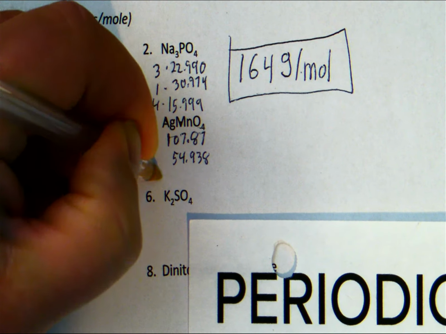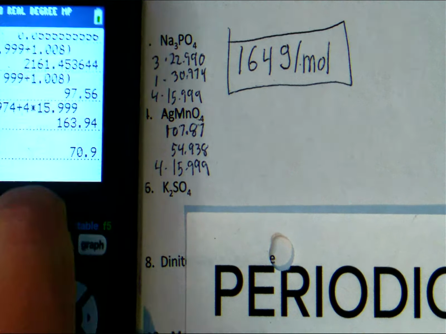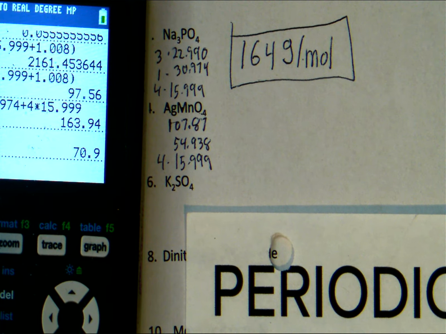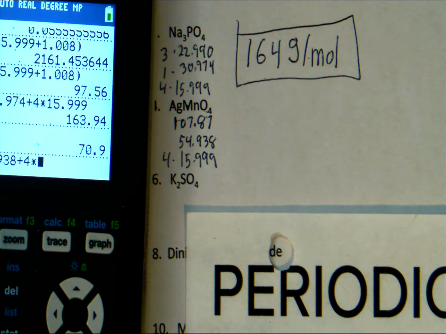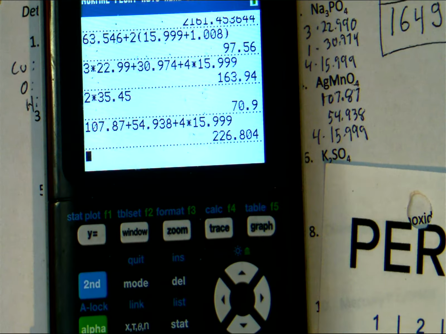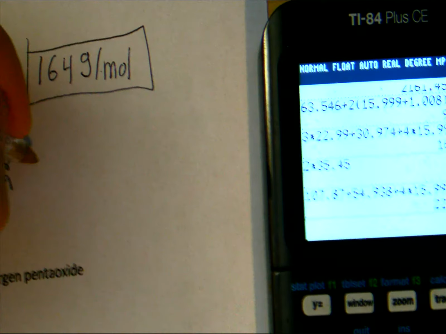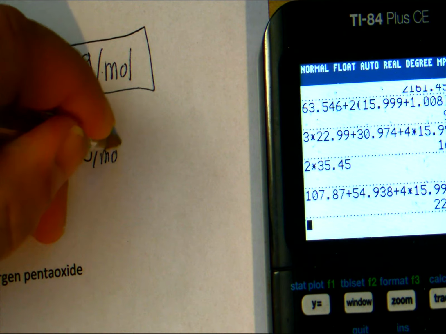For the oxygens, I have 4 times 15.999. So 107.87 plus 54.938 plus 4 times 15.999. Enter, and I get 227 grams per mole.